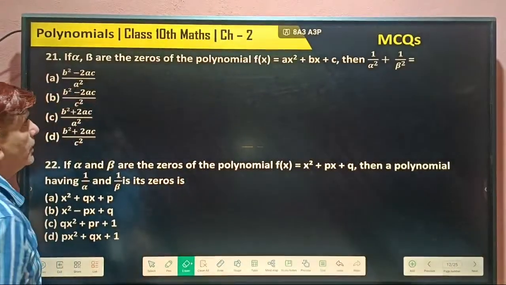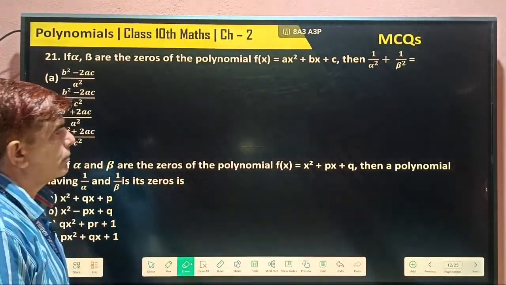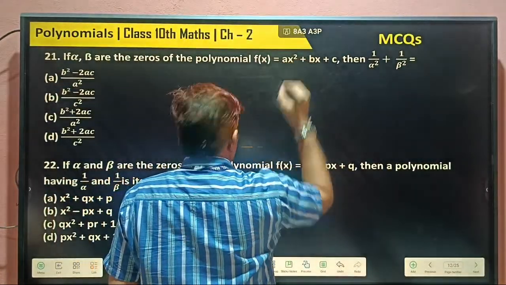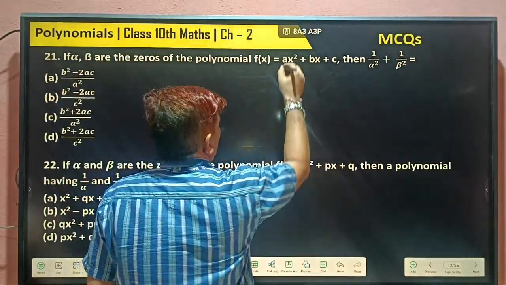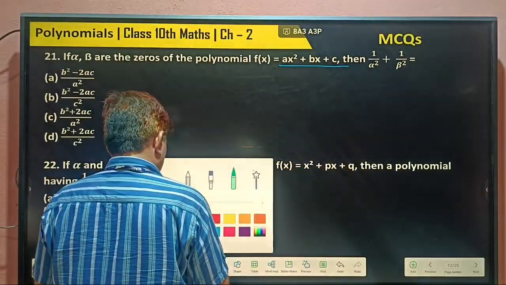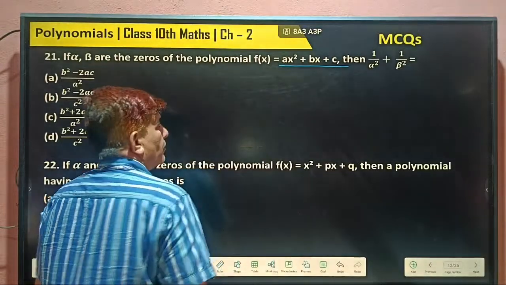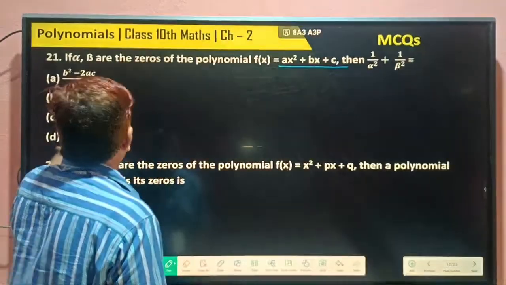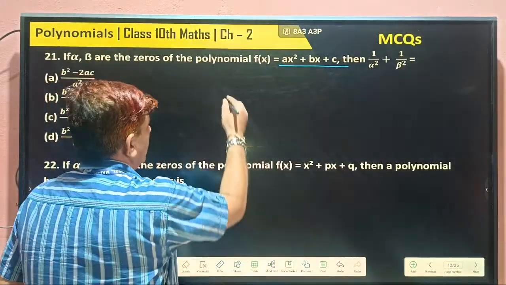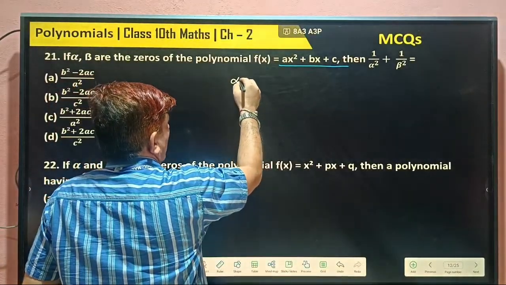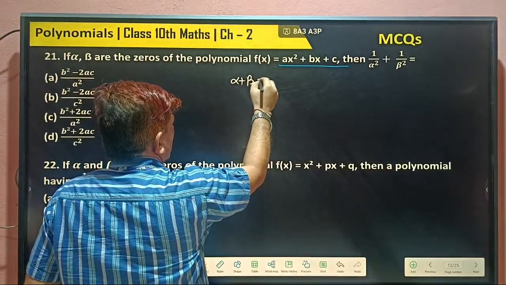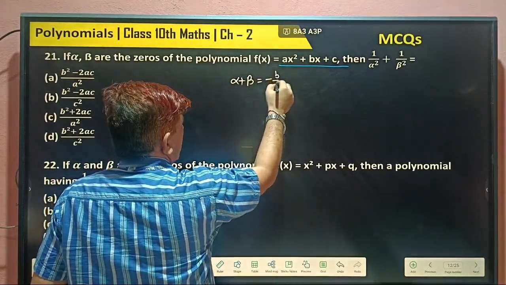If alpha and beta are the zeros of the polynomial, this polynomial given. Understood? And alpha and beta are its zeros. So alpha plus beta is equal to minus b by a.